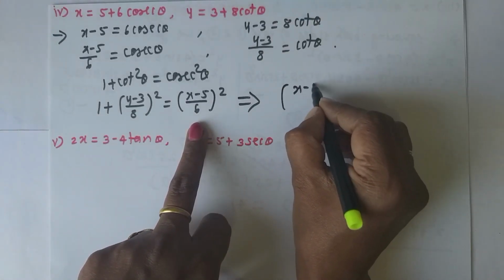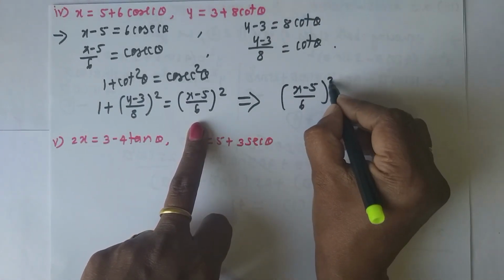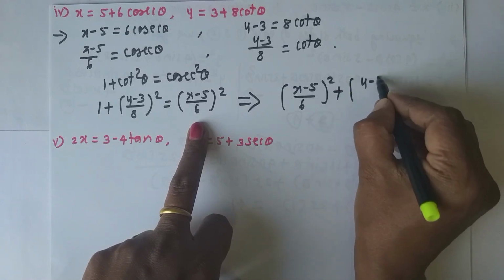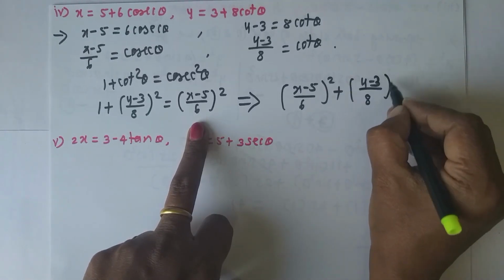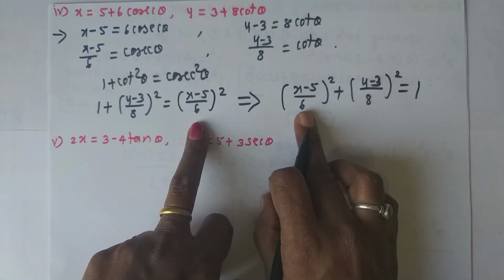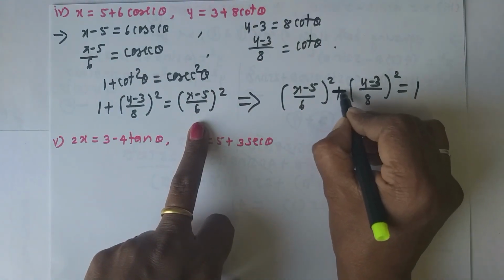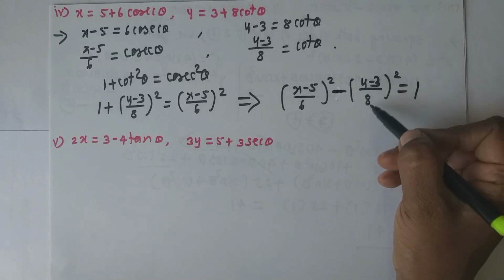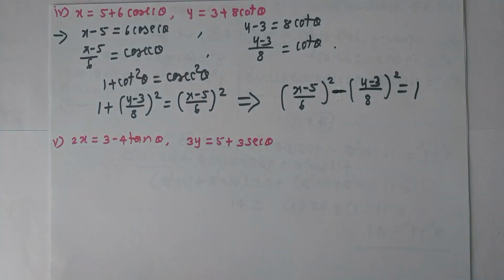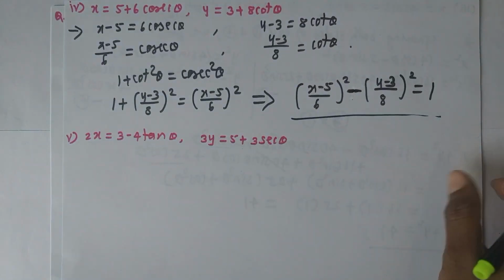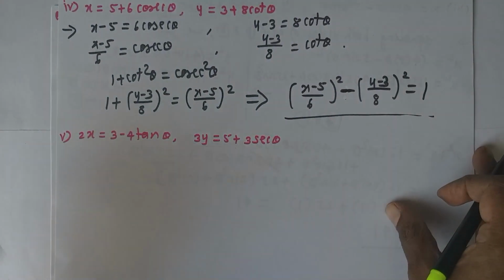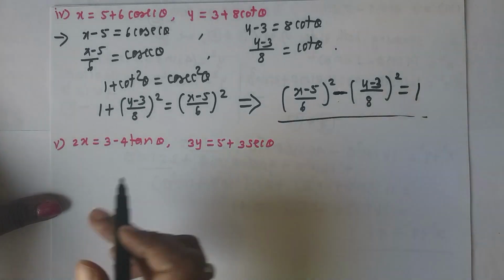Take both the terms of x and y to the one side and constant term to the another side. Then this will be simply (x minus 5 divided by 6) square minus (y minus 3 divided by 8) square is equal to 1. This is your simplified equation which does not contain theta. Okay, let's see the next.